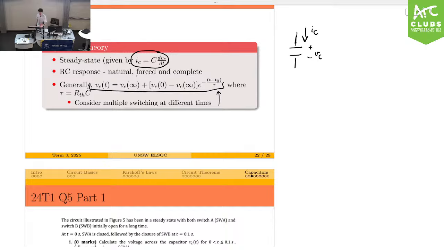V infinite pretty much describes the voltage across the capacitor after you've done some sort of change to it, to some arbitrary time after. So I say infinite, right? But there could be another change soon after, but your circuit doesn't know that you're going to change it 5 seconds later.